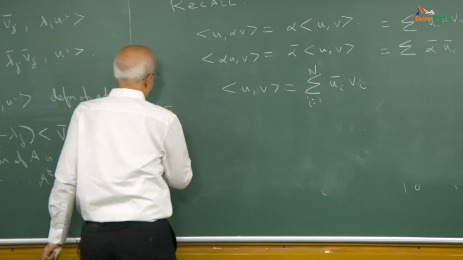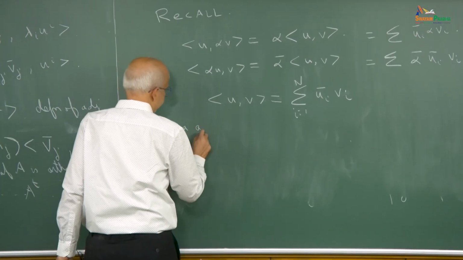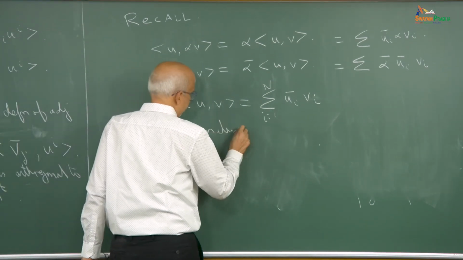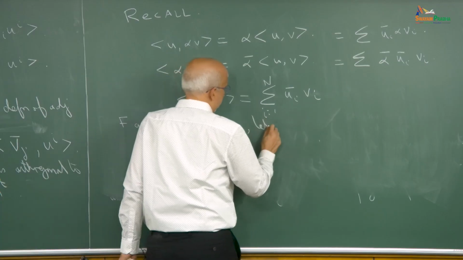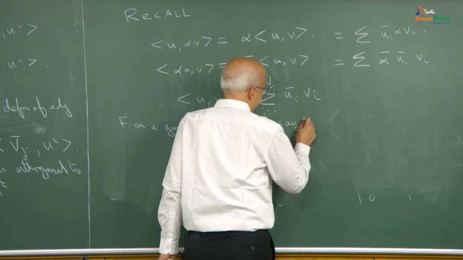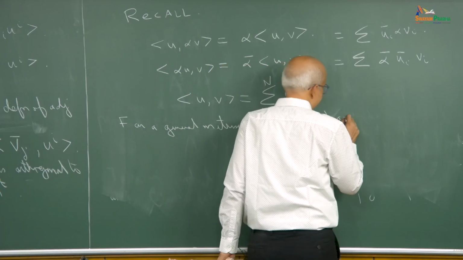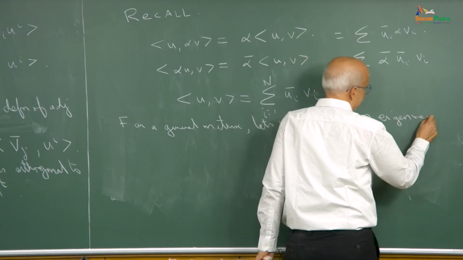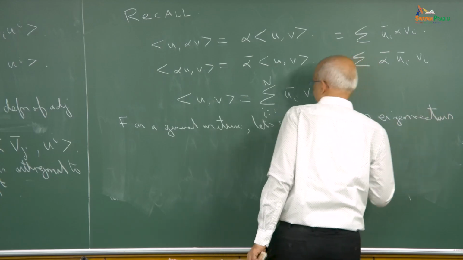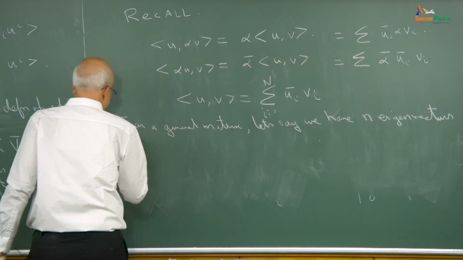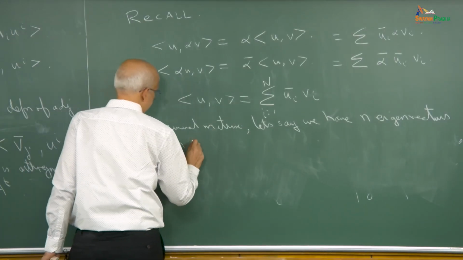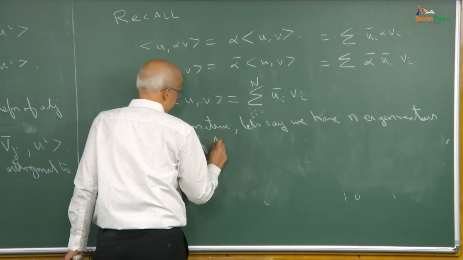So for a general matrix, let's say we have n eigenvectors for A and n of A transpose.